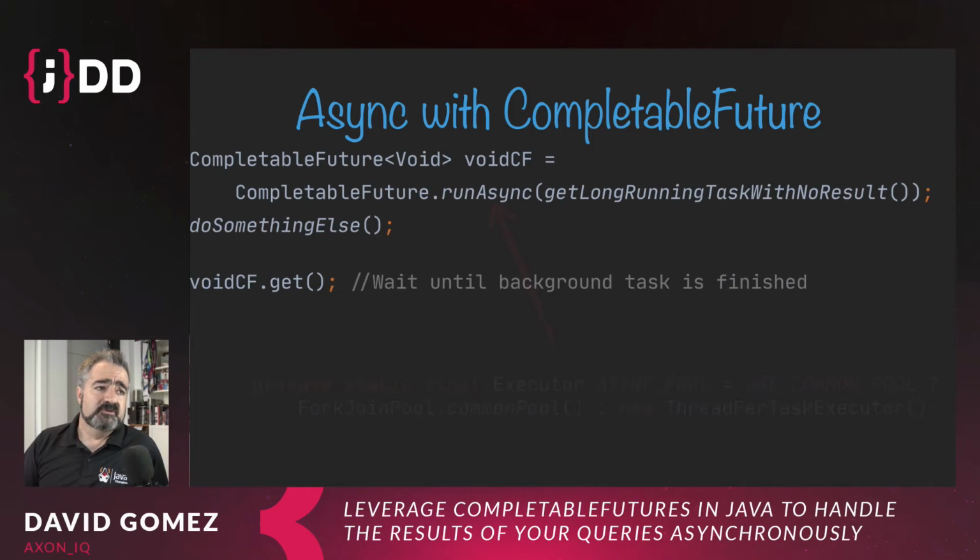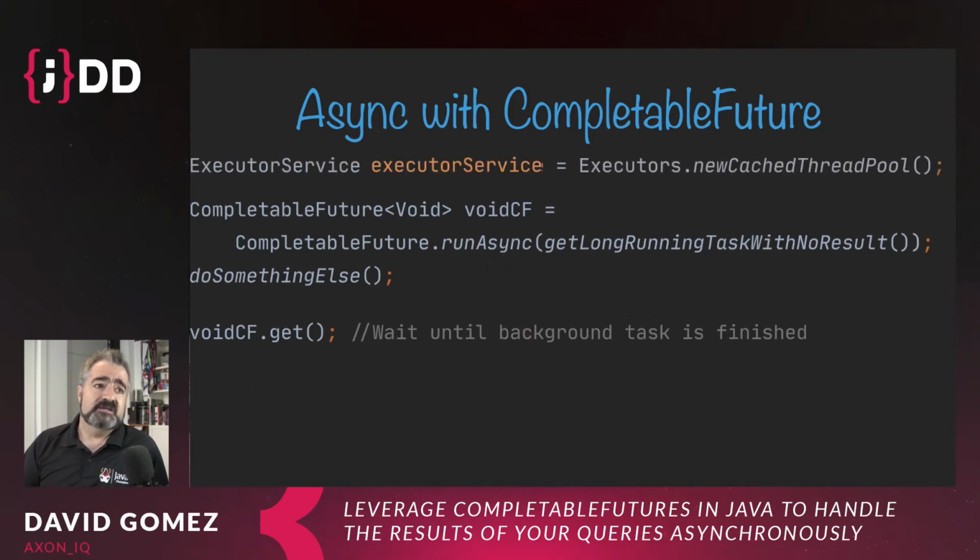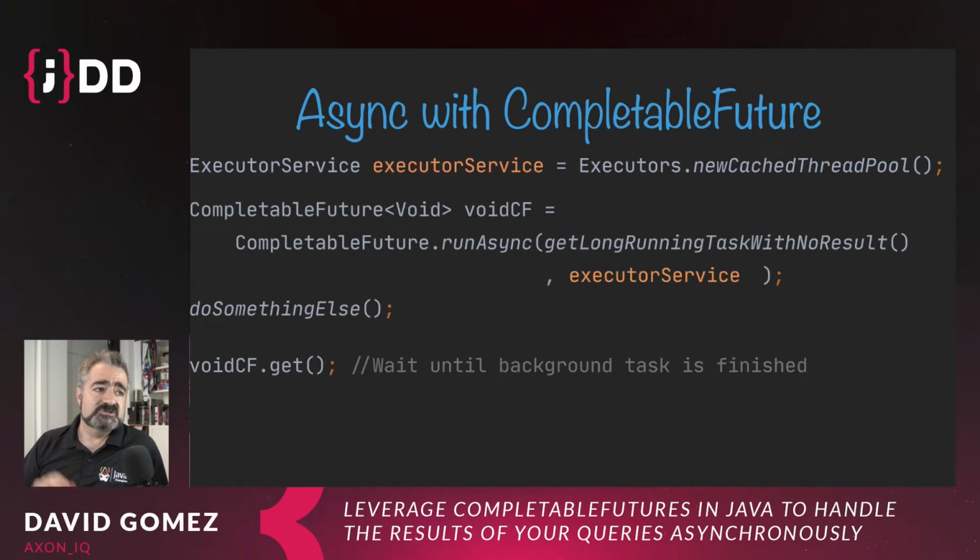The way we could improve that is first we could create our own executor service. And once that we have our executor service, the thing that we need to do is basically use another overloaded method that allows us to specify the executor service that we are going to use for running that particular task.